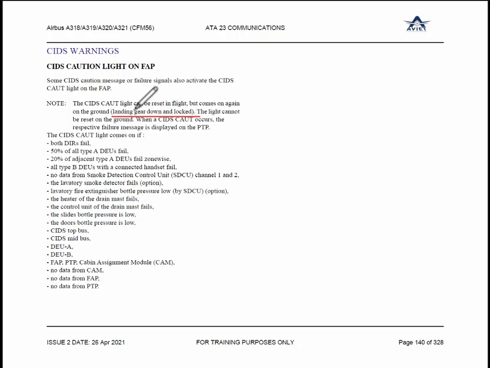Now you cannot reset this light on the ground. And these are the reasons for the SITS caution light. You need not remember them, the list is very long, but if you want to read, you can read it.